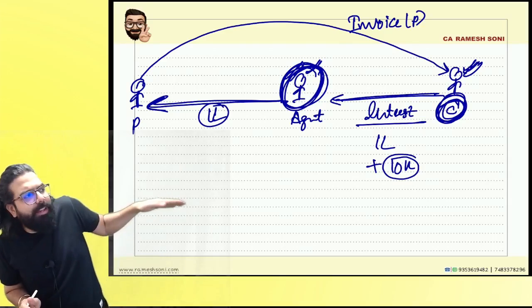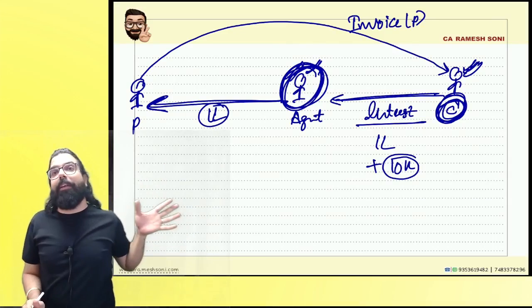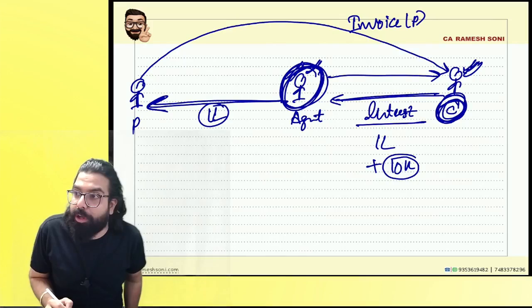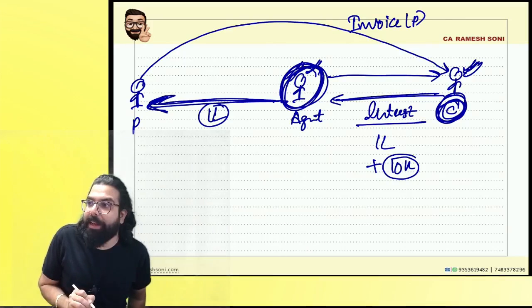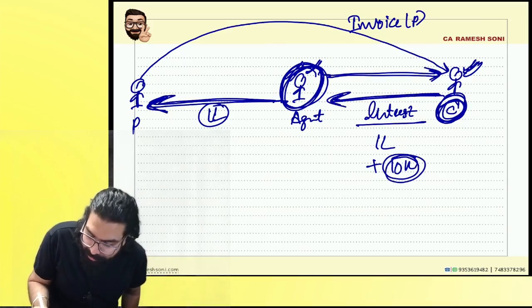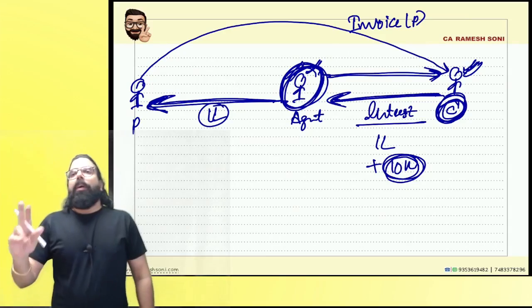Or is it an independent loan transaction? Independent loan transaction. He has given money to him directly. It's like he has given money to him and received interest, and interest over here shall always be exempt. Are we all clear?